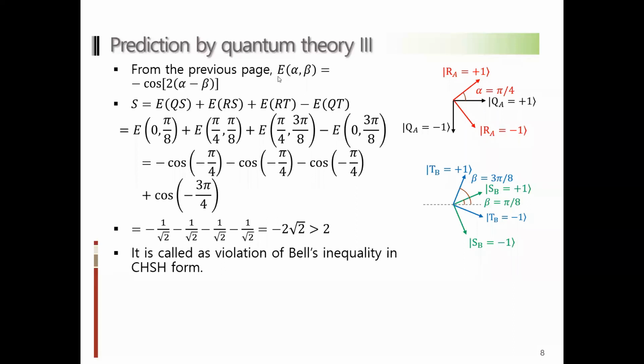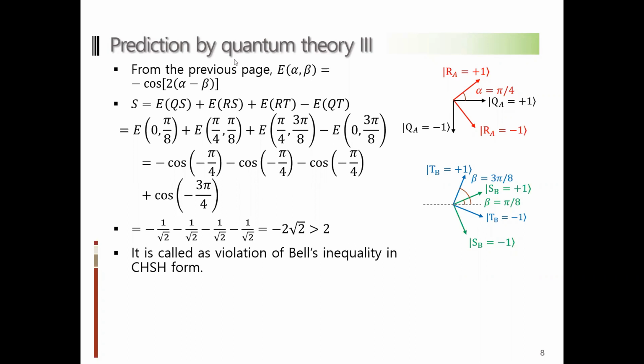Now, from the previous page, I obtained this kind of expression for the angles alpha and beta for Alice and Bob's case. But that was not the only result we were looking for, because eventually we want to compare the result between the quantum theory and the hidden variable theory.